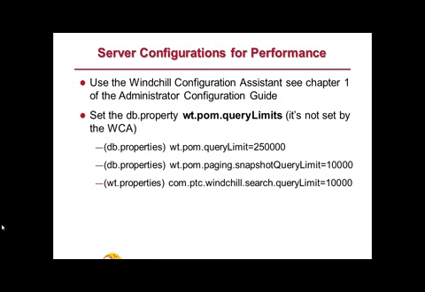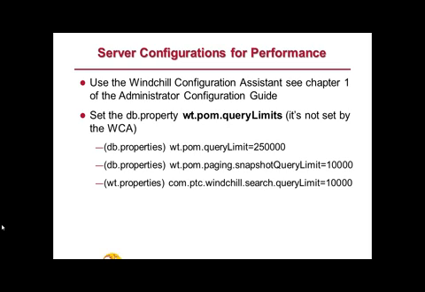Now that we have covered most of the database performance considerations, let's go to the server parameters which contribute to performance. First of all, there is a utility named Windchill Configuration Assistant from PTC.